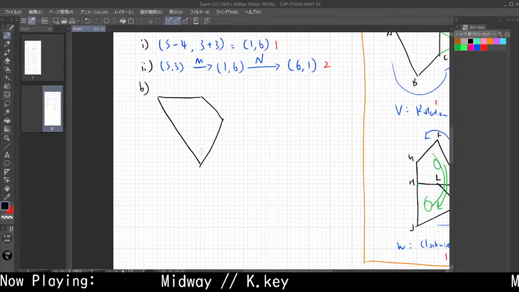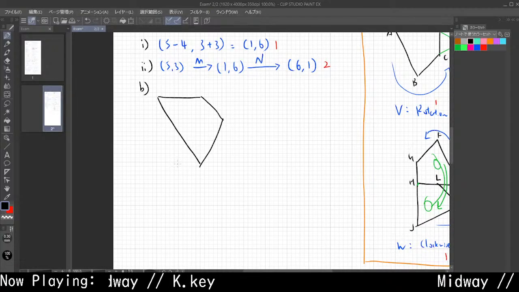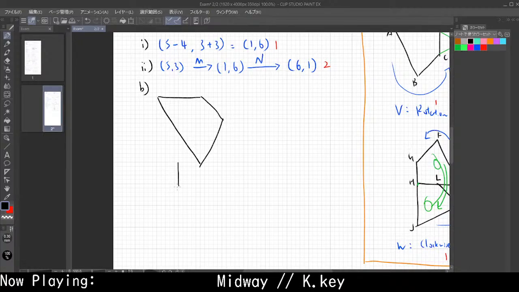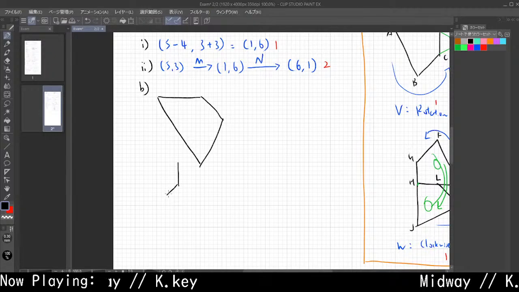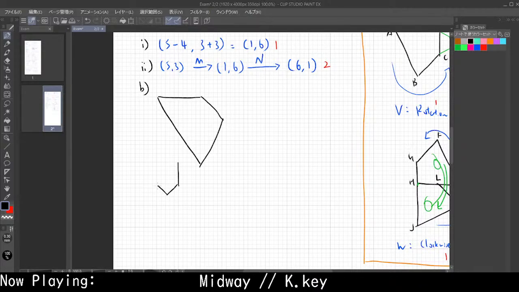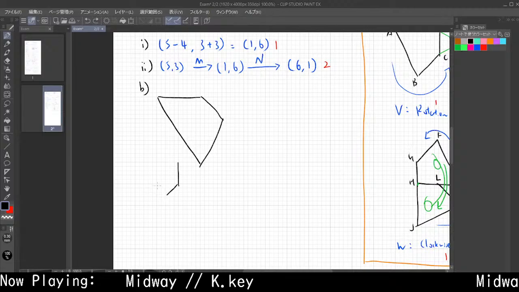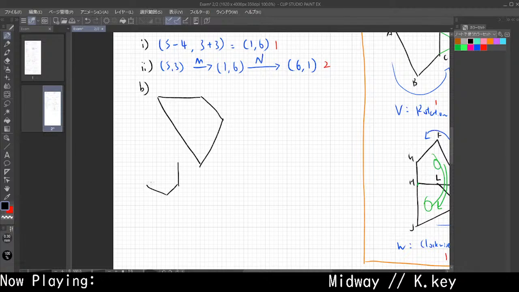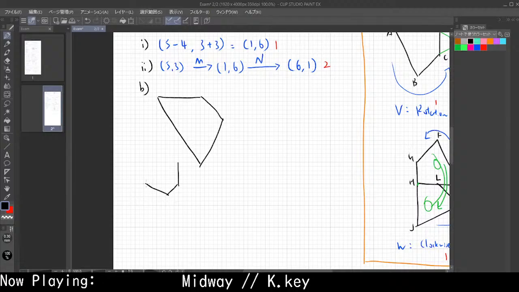Then the point is over here. 2, 1 means 1.5, so you'll be here. This is actually hard to draw. 1 and from here to here.